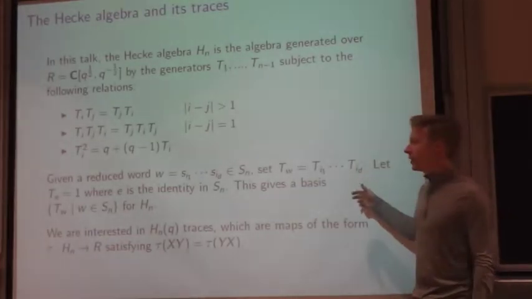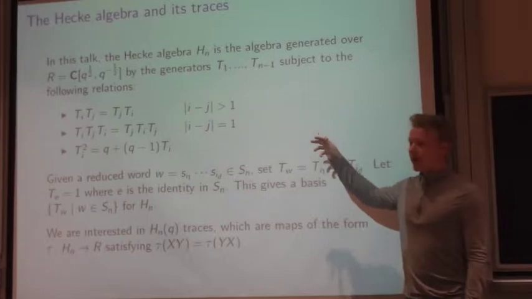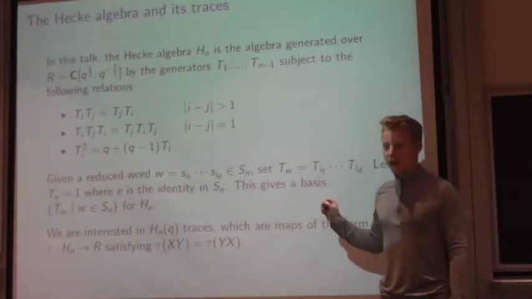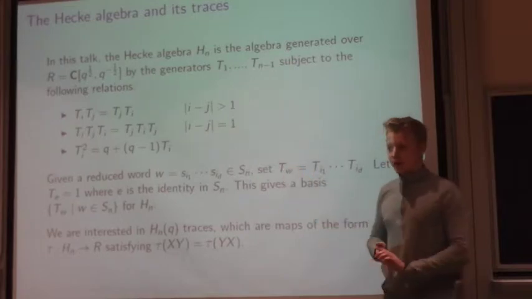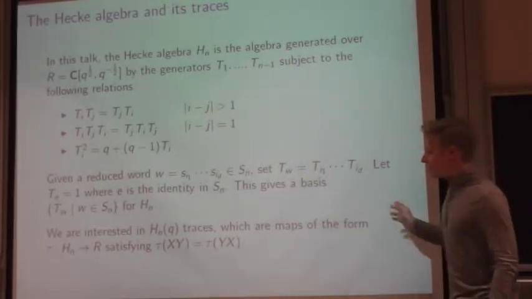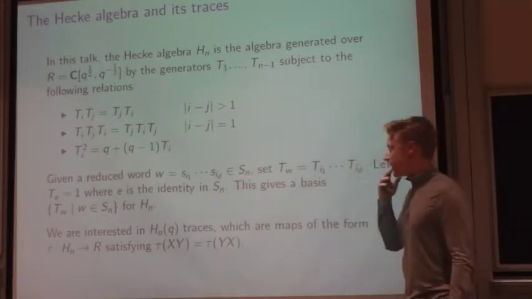It's not hard to see that this is well defined because our relations are similar, and if it's a reduced word, we're never hitting that third relation that's different. And also as notation, we'll say that T_e is just the identity.